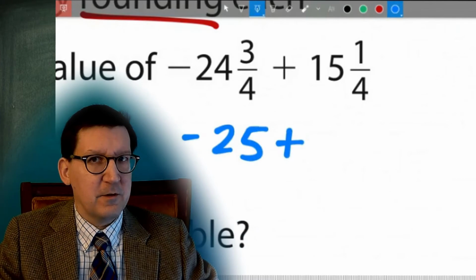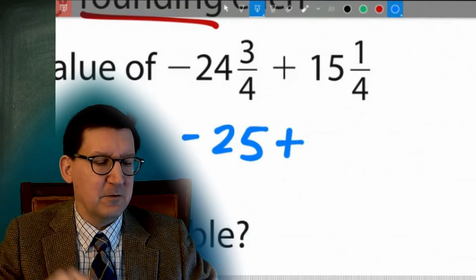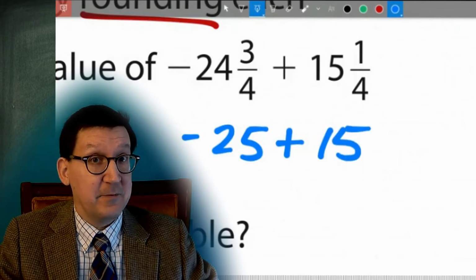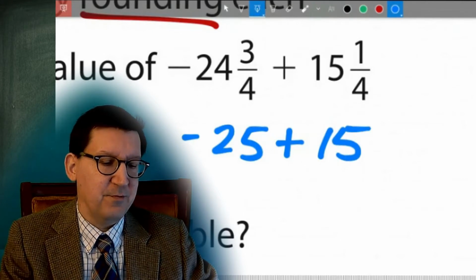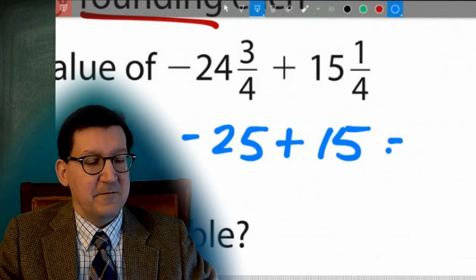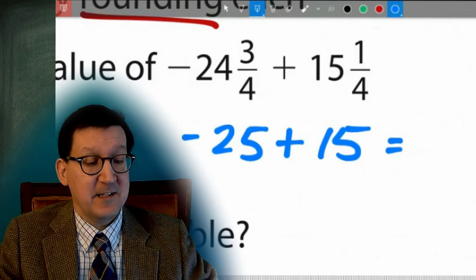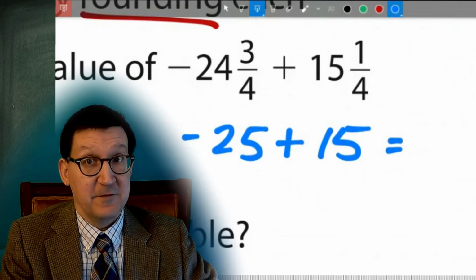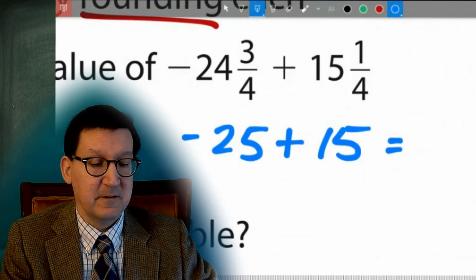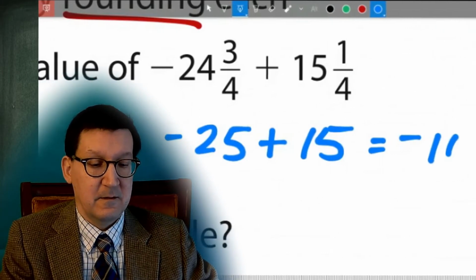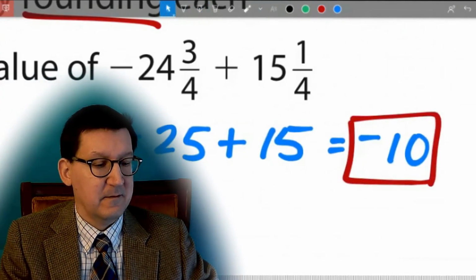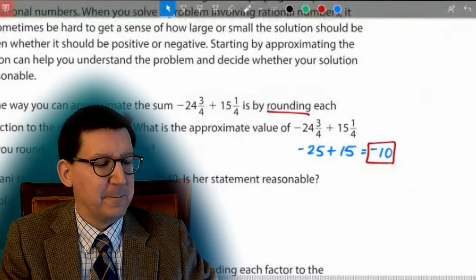And 15 1/4 is a little bit more than 15. We'll round it down and call it 15. Now I've got negative 25 plus 15. Hey, that's pretty easy, right? If you have negative 25 plus 15, that's like 25 minus 15. That's just 10, and it's a negative number, so we have negative 10. That's our approximate value.